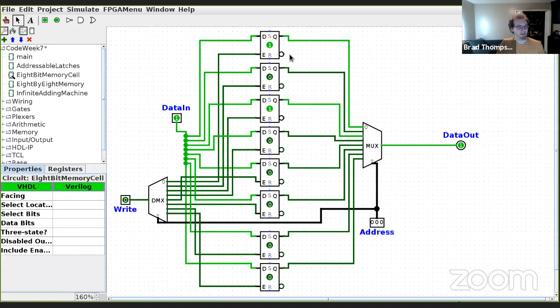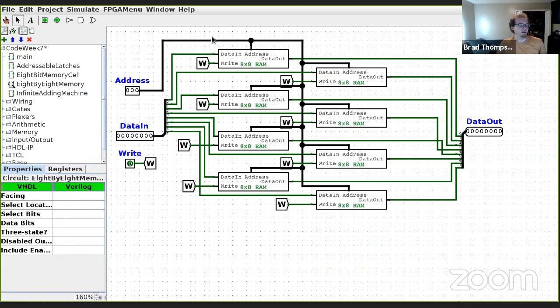This is a chunk of random access memory that we can feed a random address to, send in whatever data we want, and get out the data that's stored there. So this is basically 8 chunks of 8 bits of memory that we can address 8 bits at a time, right?